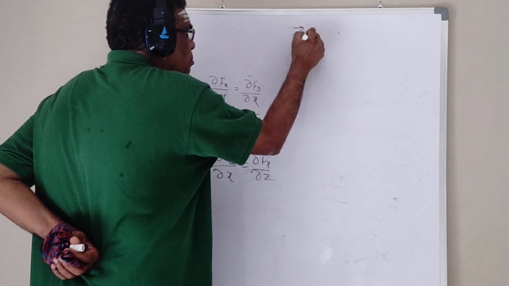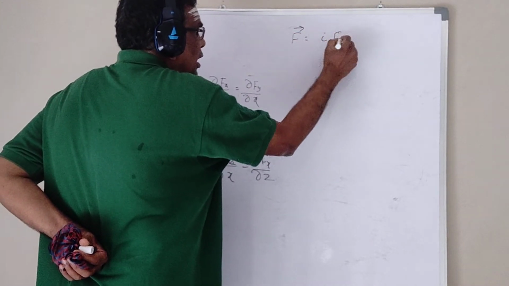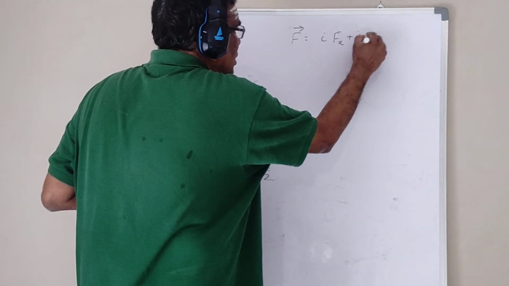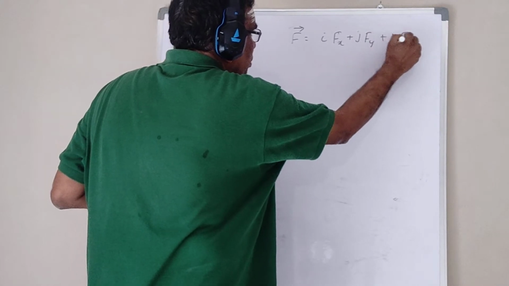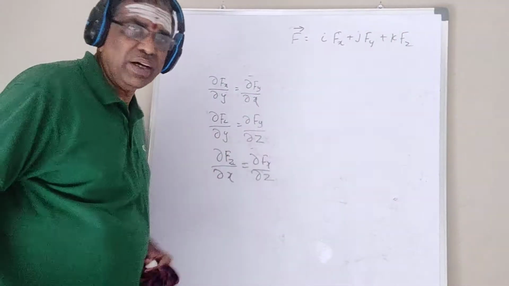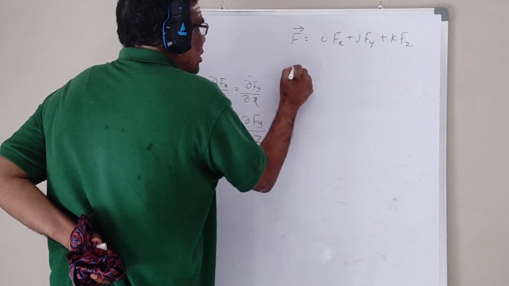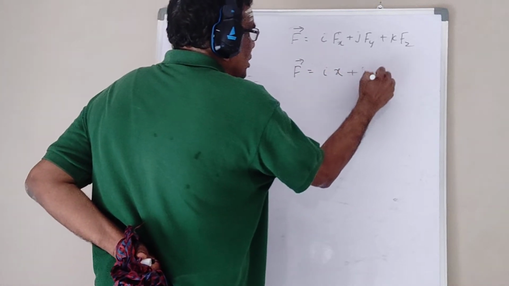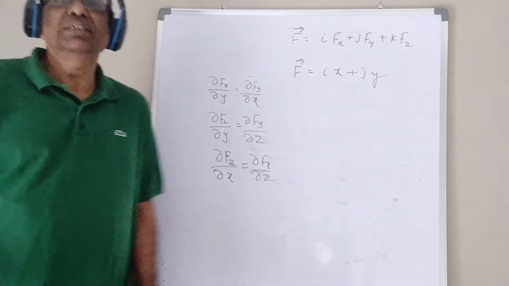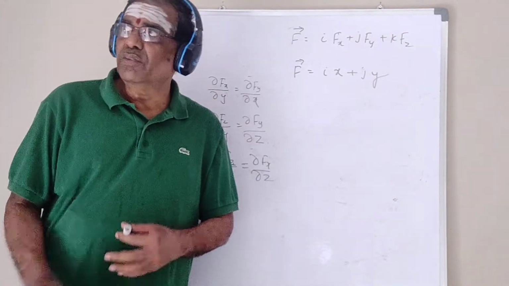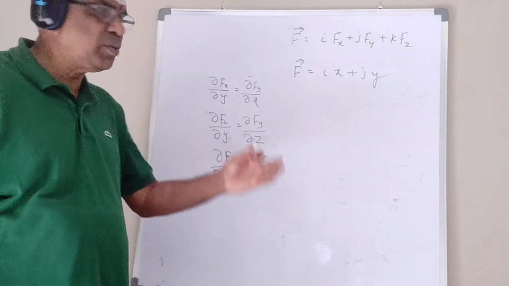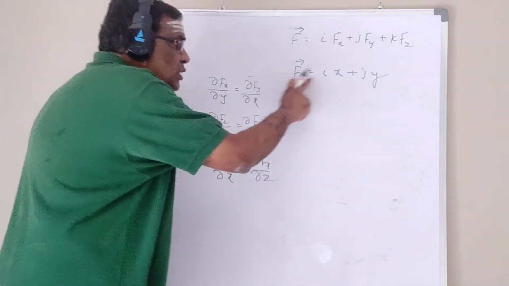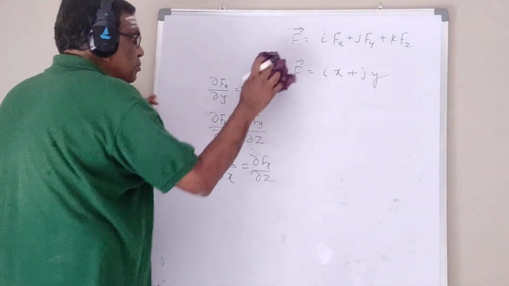I just take an example. F equals i Fx plus j Fy plus k Fz. This is a well-known thing for us. Now I am giving F bar is equal to i x plus j y. The force is a function of the position x and y. Now is this force conservative?